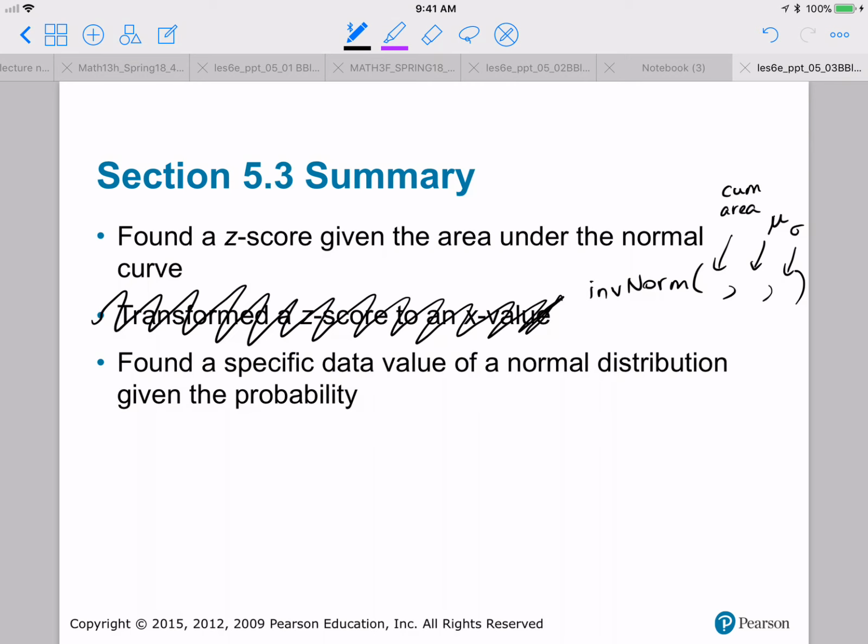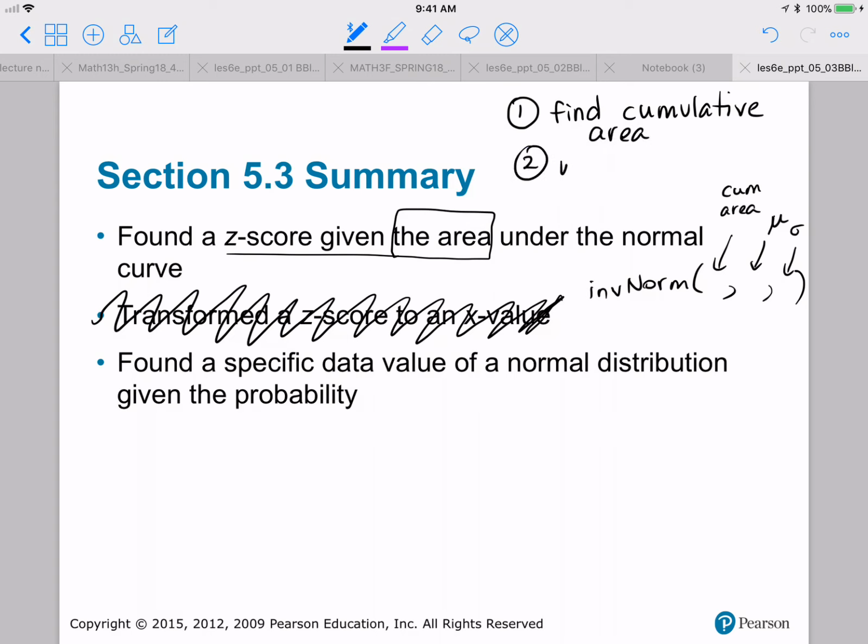Because we're able to put in different means and standard deviations, we don't have to transform a z-score to an x value. When we're finding a z-score given the area under the normal curve, the first thing we have to do is convert your area to your cumulative area. Find the cumulative area. That's number one.